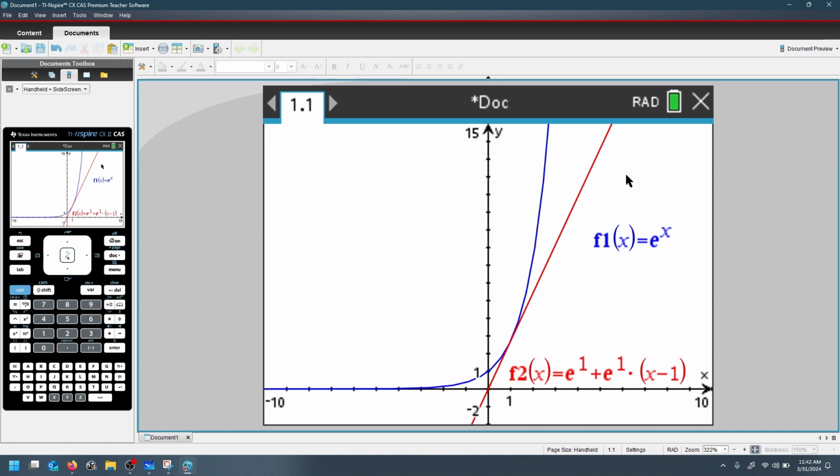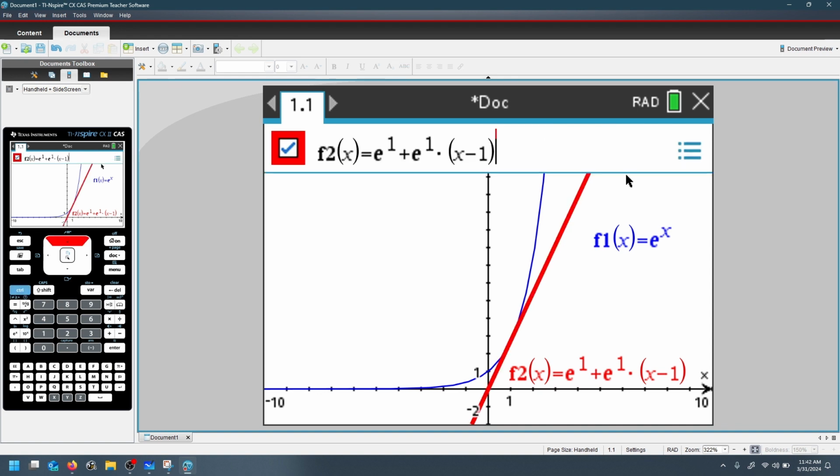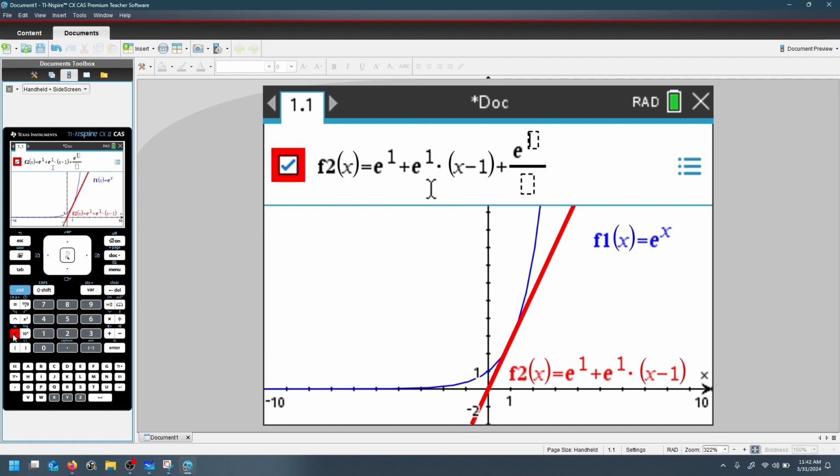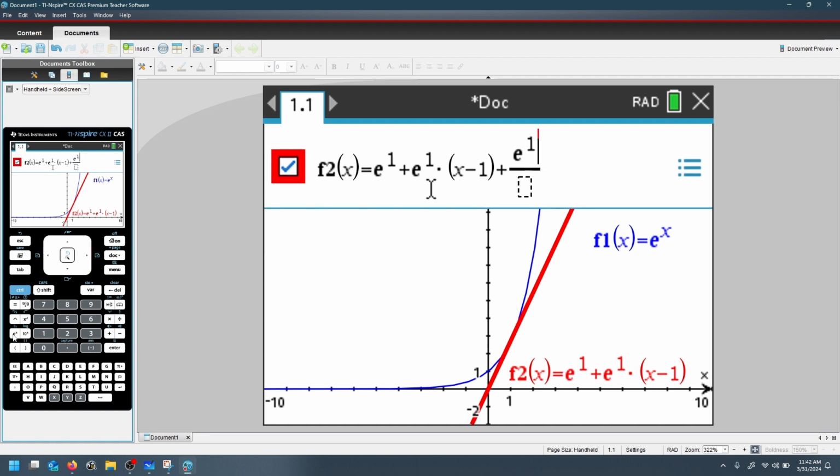So now to make it better, using our Taylor polynomial, we can just add in the next term. So we've got plus, let's do division here. On the top, every single time, you're going to have e to the first times, parentheses, x minus 1 squared. And then on the bottom, you have 2 factorial, which in this case is just 2.